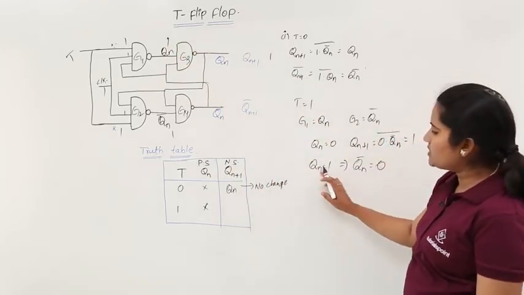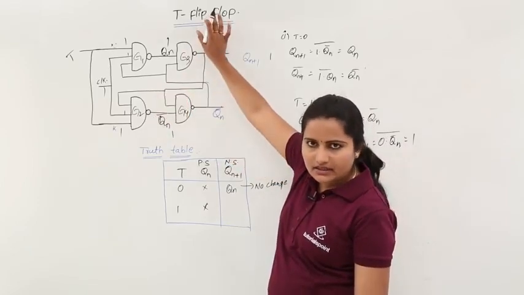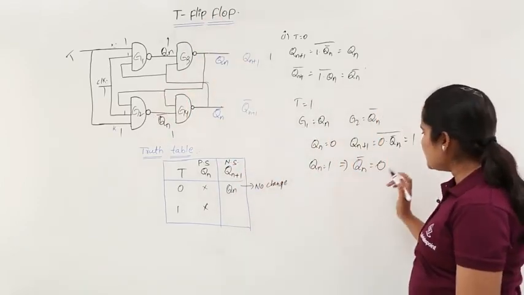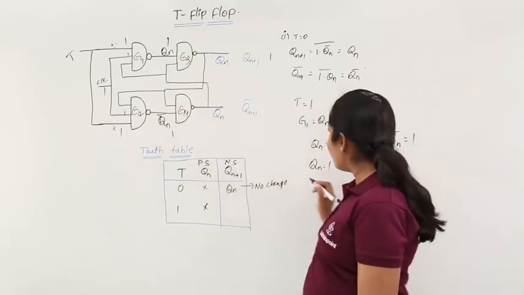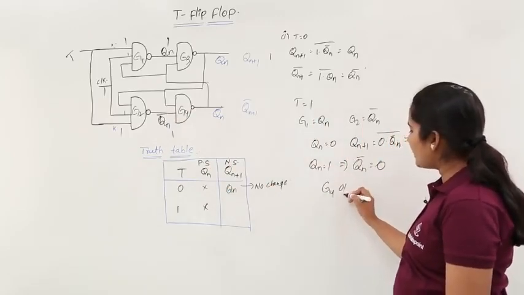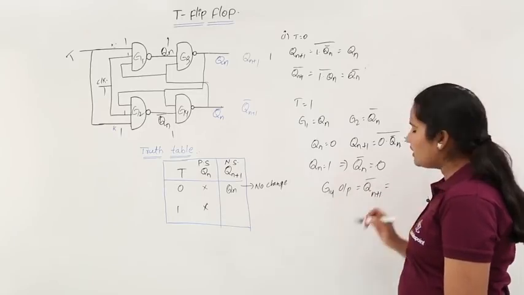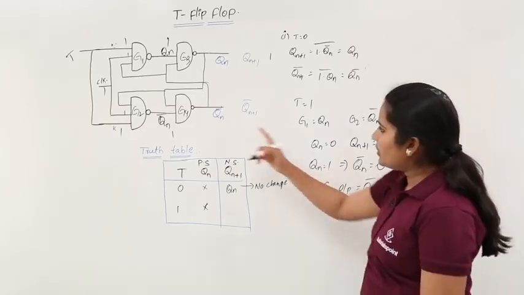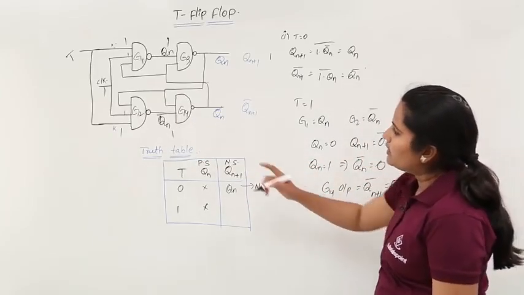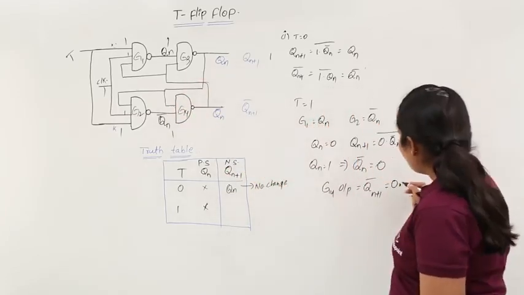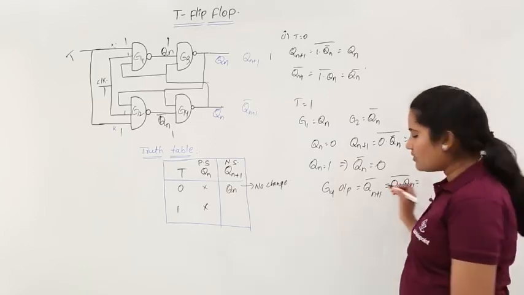Now, in the second case Qn is equal to 1. So, this case is better than dealing with the other case first. Thus, Qn bar is equal to 0. So, here 0 into G4 output; I am considering G4 output is equal to Qn plus 1 bar, which is 0 into the other input Qn whole bar. 0 into anything whole bar means you are getting 1.